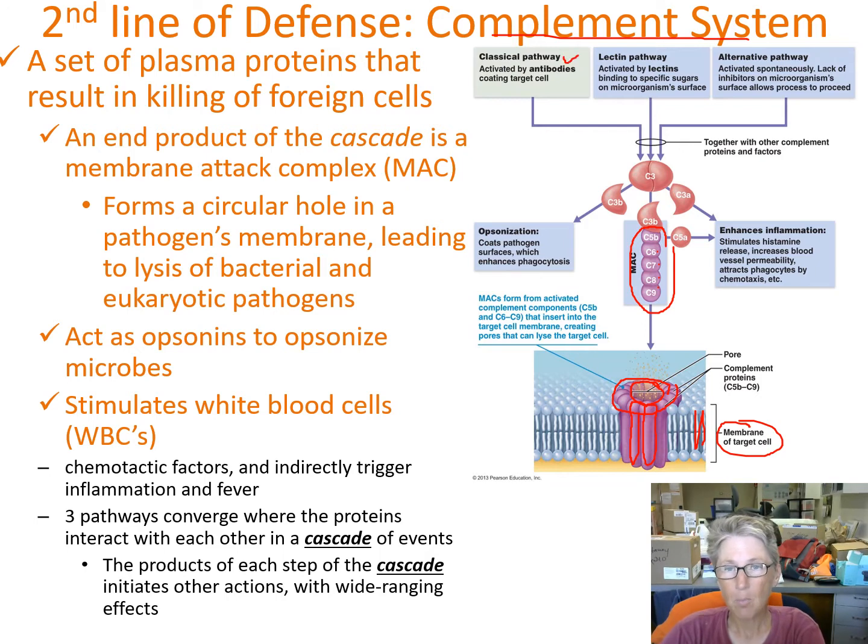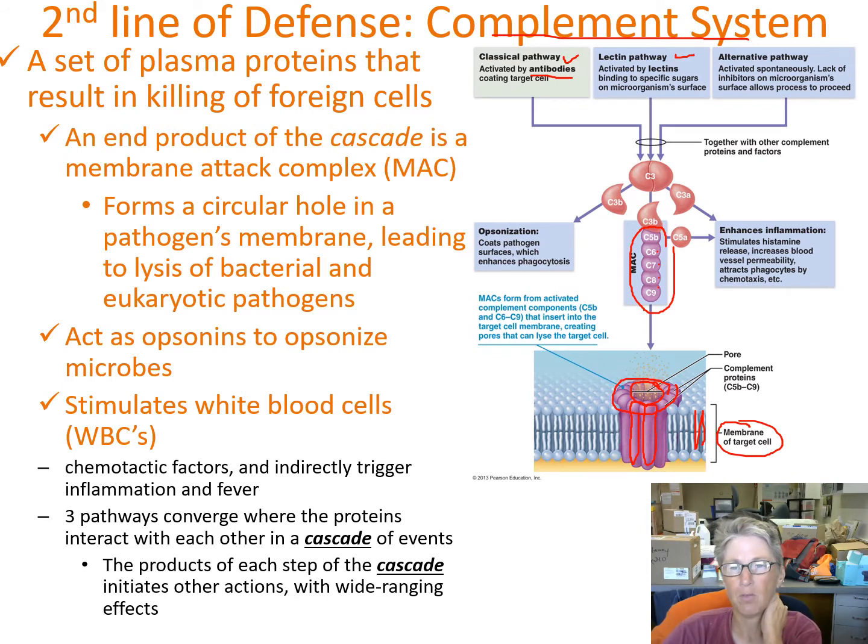There's the classical pathway, and this is activated by antibodies, and we'll talk about that when we do the second series of lectures on the immune system, the adaptive immune system, where we'll talk about antibodies and B cells. There's the lectin pathway to activate complement, and we had a cartoon last video.